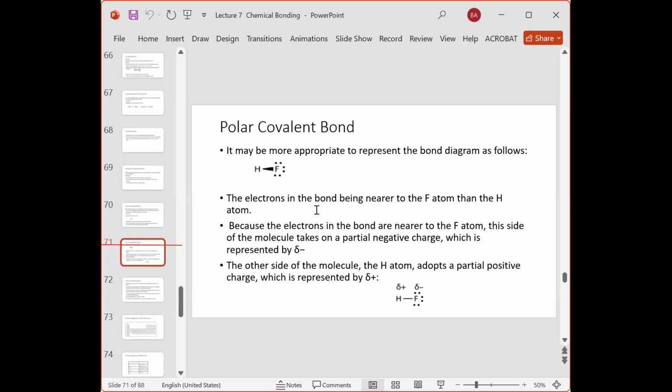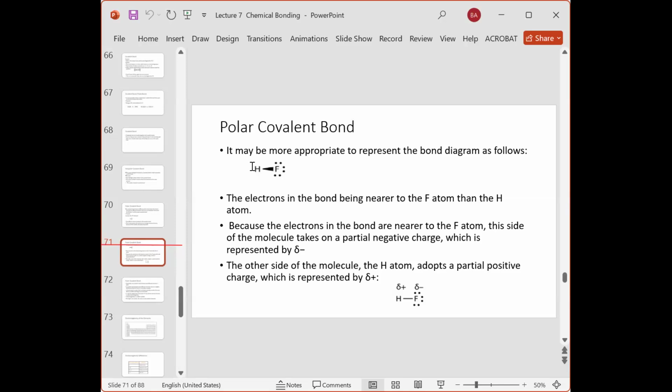This side is flat and bigger. So it tells you that the fluorine is attracting the electrons more to itself. And the hydrogen, the tip is small, all right? The electrons in the bond are nearer to the fluorine atom than the hydrogen atom.